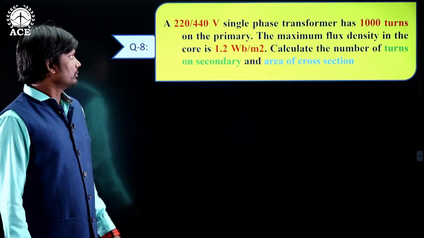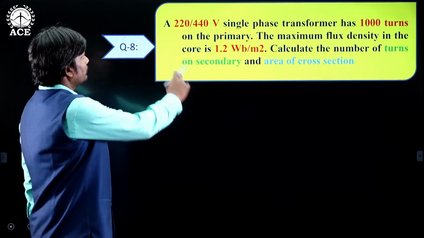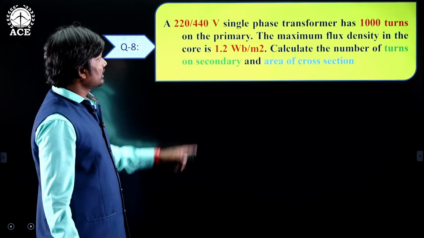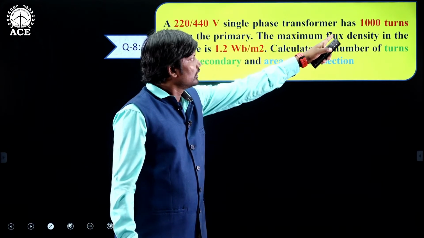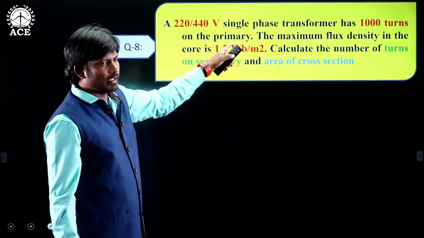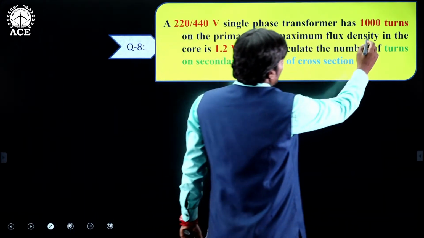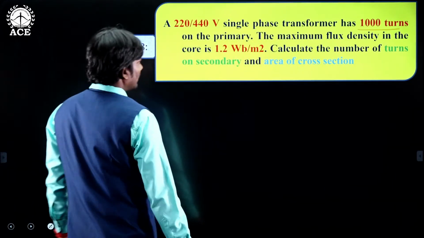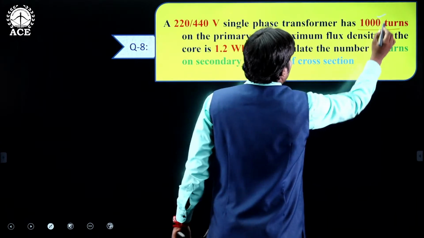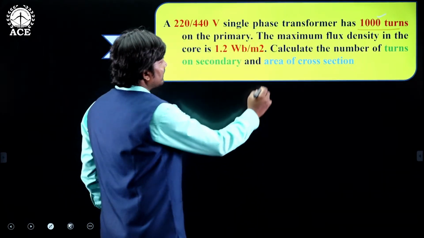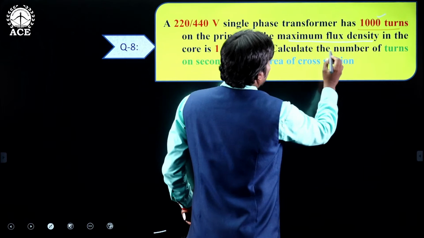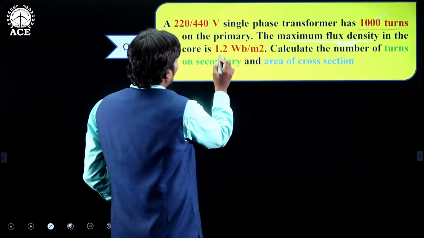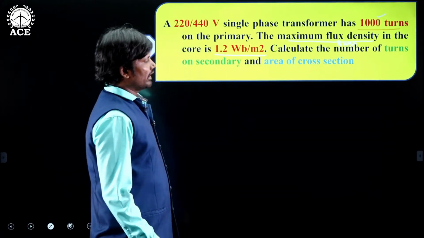Now the next problem. A 220/440 volts single phase transformer has 1000 turns on the primary side, and the maximum flux density B max is given as 1.2 Weber per meter square.